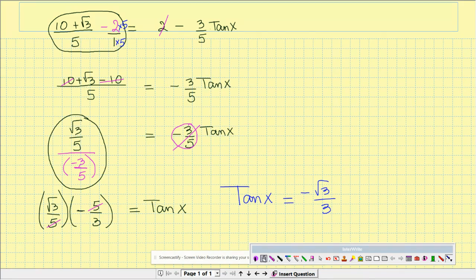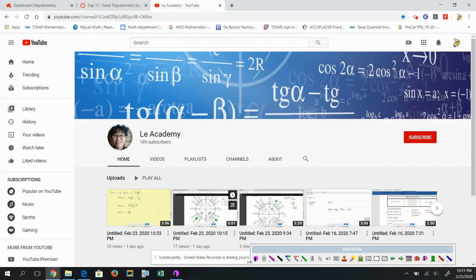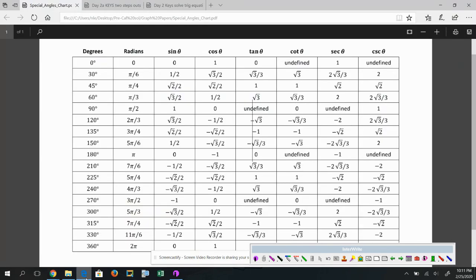Now you are going to go to the unit circle table that you created, and you will look for tangent. So tangent of negative square root of 3 over 3. So here we are. The first one, we go to the angle with 150 degrees.